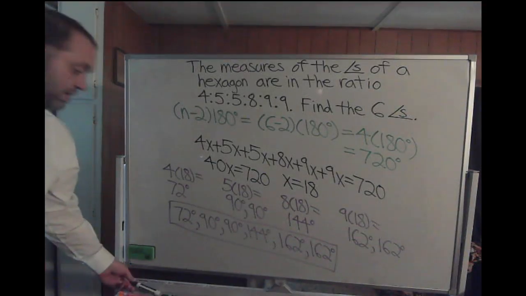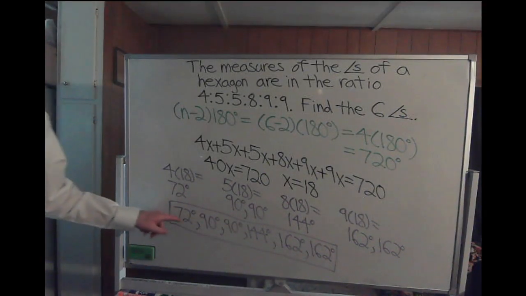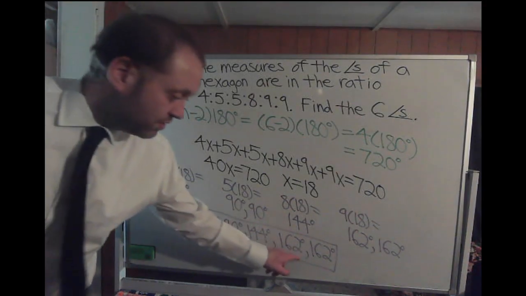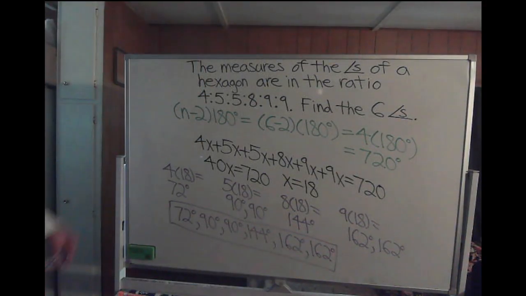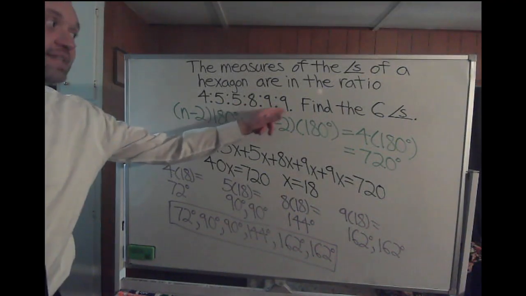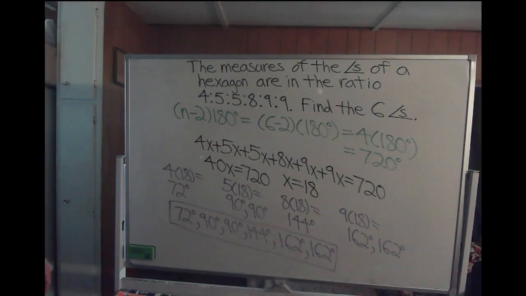If you add all these together, you'll get 720, and if you find the common ratio, you'll find that they are in the common ratio of 4 to 5 to 5 to 8 to 9 to 9. Yikes. But that's how you would solve those types of problems.